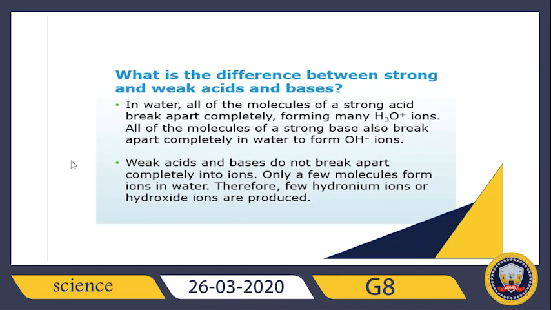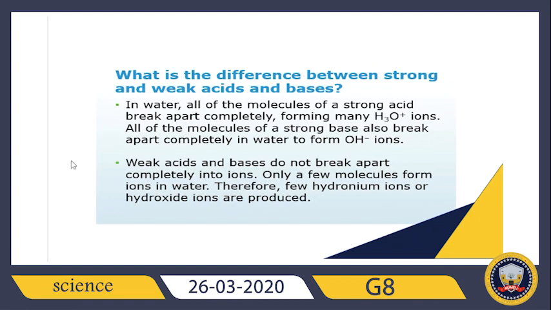So the molecules of strong acid break apart completely. So all the HCl will release their hydrogen atoms to the solution to form what? To form hydronium ions. But for weak acid, actually only a small number of weak acid molecules will break apart.